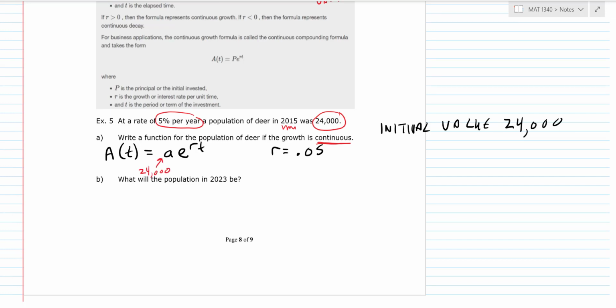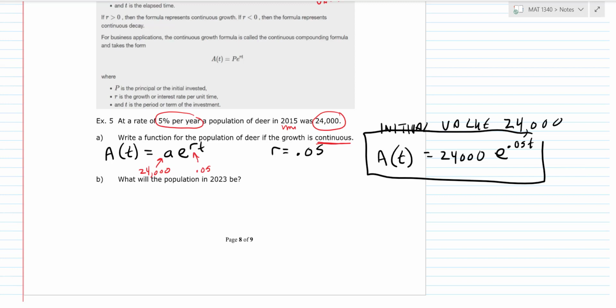That's your initial deer population. Your rate is going to be 0.05, like that. So all we're doing on part A is we're just writing the function. So we'll get A of t is equal to 24,000 e to the 0.05t. So that's how that gets put together. Okay, you got to know the initial value and you got to know your growth rate.